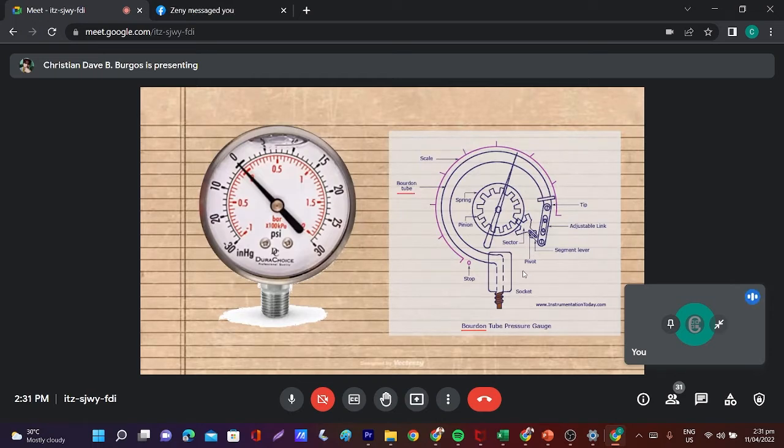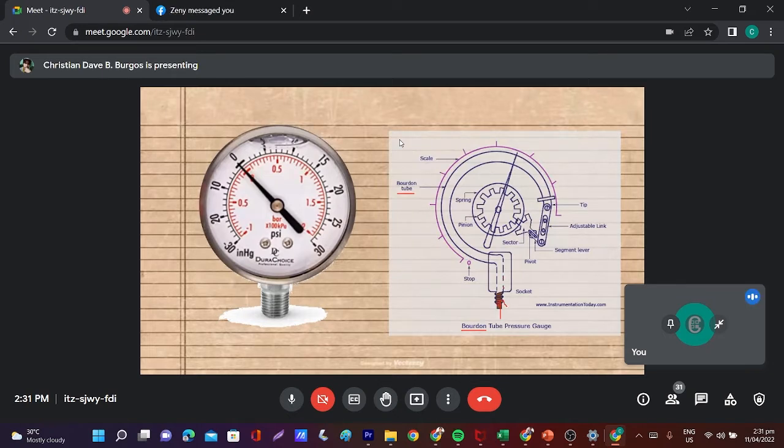Bourdon tube po. Yung Bourdon tube po na yan, nag-expand po kapag yung pressure po is pumasok po dito sa socket. Tapos, nakikita natin yung tip.